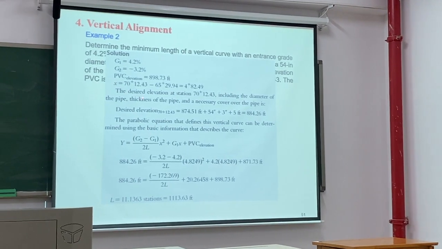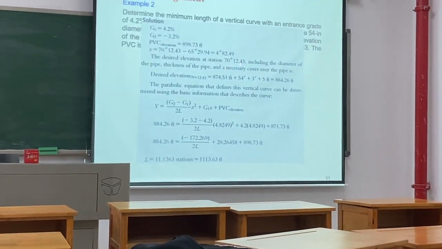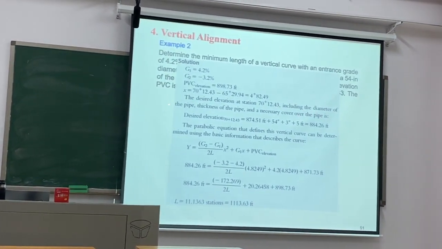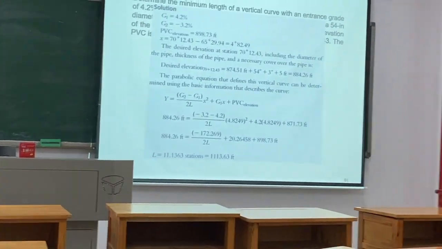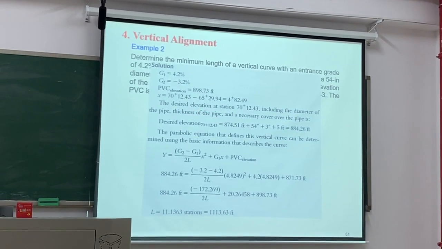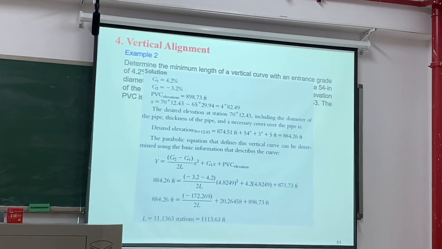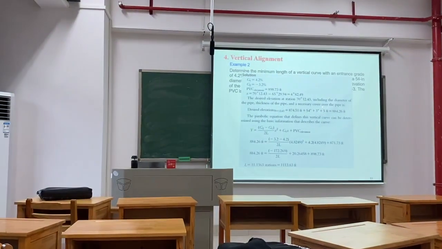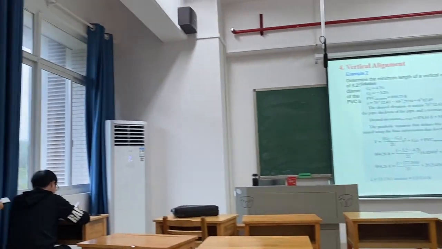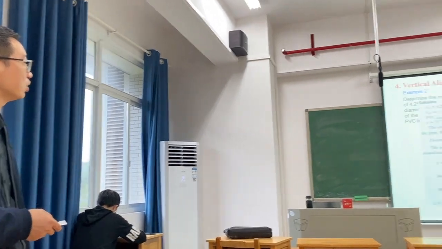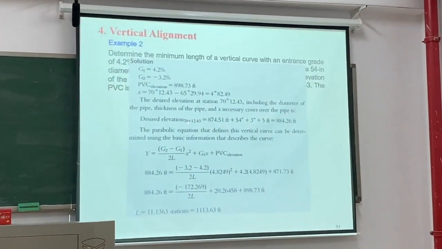The derived elevation at the station includes the diameter of the pipe, the thickness of the pipe, and then the necessary cover over the pipe.